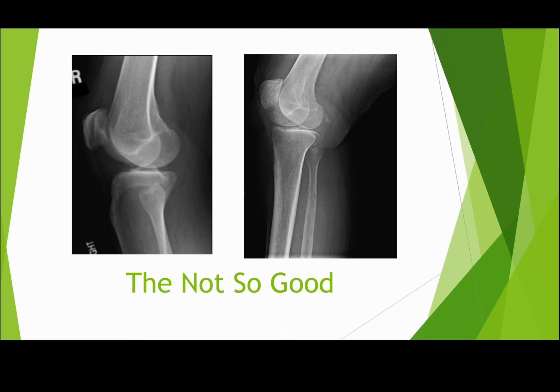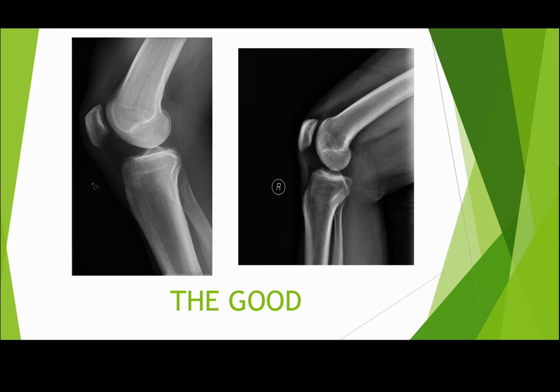We see that the fibula is too superimposed into the tibia, which means that's under rotated. In our second image, we see over here that it is over rotated because the fibula is almost completely separated from the tibia.